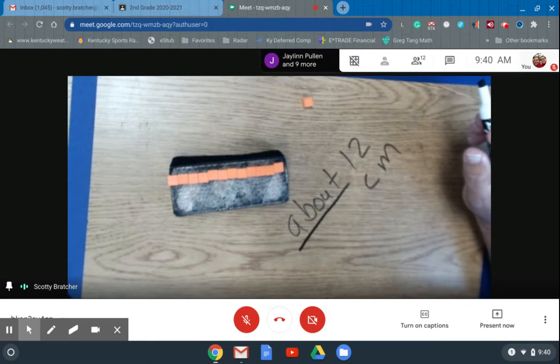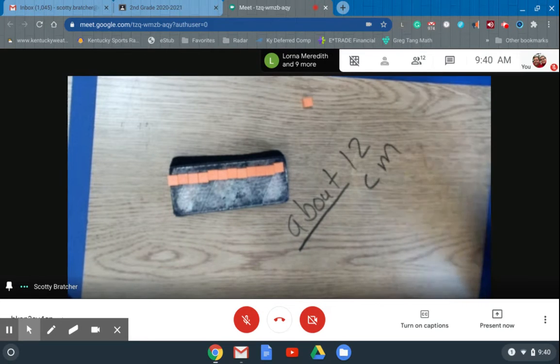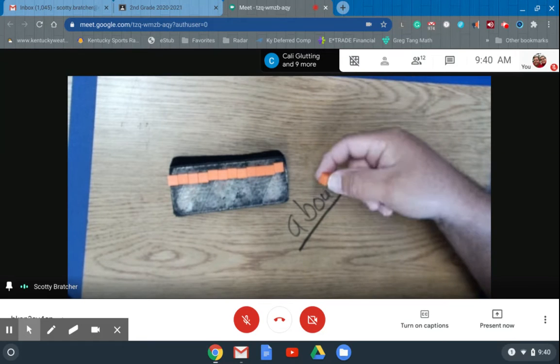Would anybody know what about means in math? Jalen, I see your hand waving. Unmute and tell me what you think. Because it has to be there, because if you don't have, there's a gap in there and you don't fit the centimeter cube. You're talking about this one?